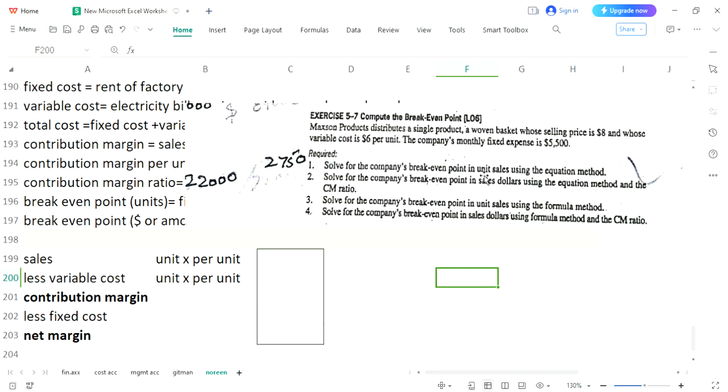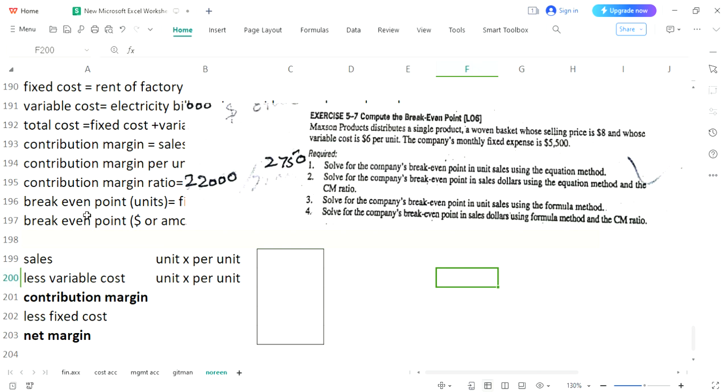Break-even point is needed, and for your understanding what we have discussed over here, break-even point is where your cost is equal to your revenues, where your income is equal to your expense. That means you are earning nothing. How much you are receiving is equal to how much you are paying.